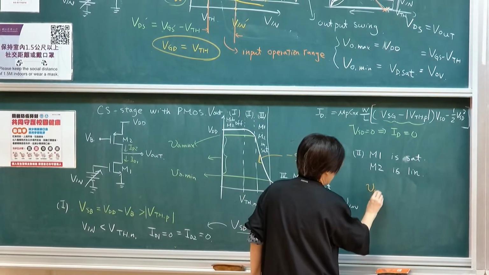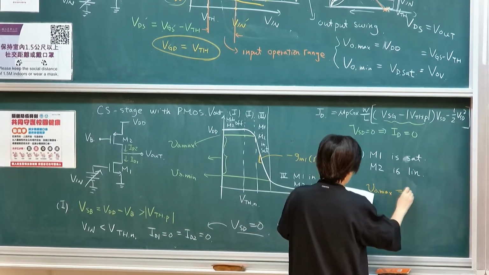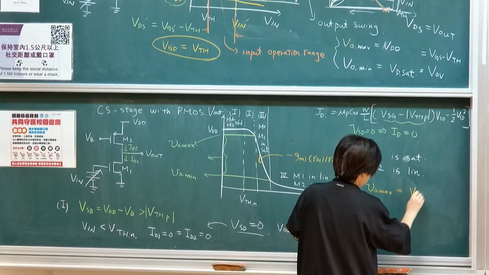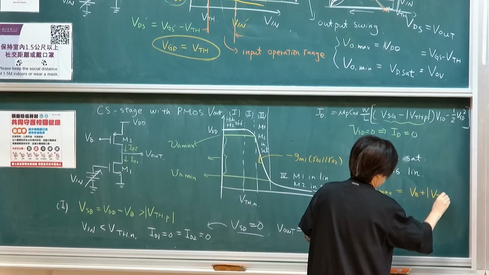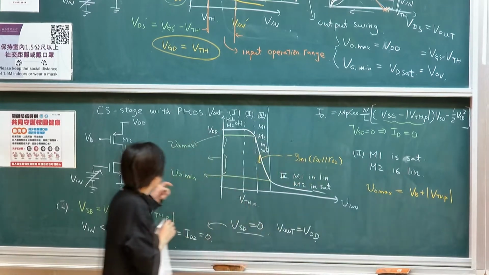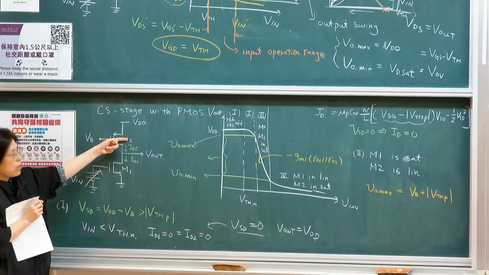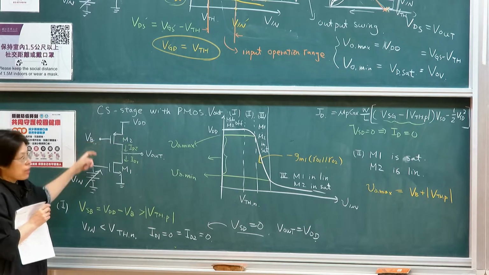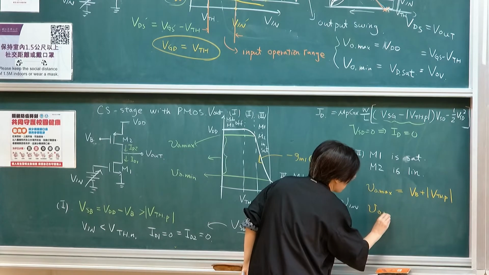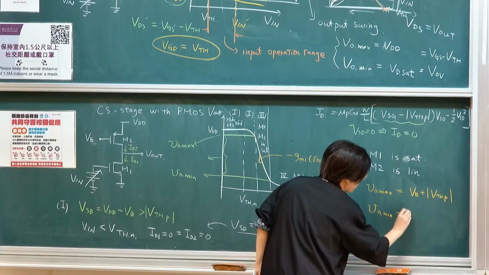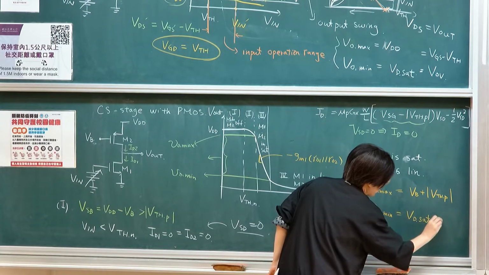My VL max will be determined by VB plus a threshold of P. So it will be determined by this level. This level can be slightly higher by one threshold than this bias level. And my VL minimum will be VDSAT of M1.